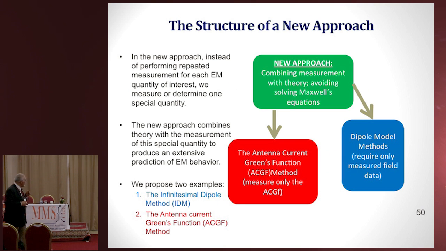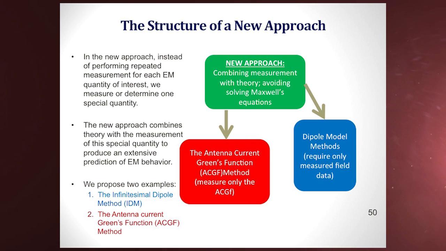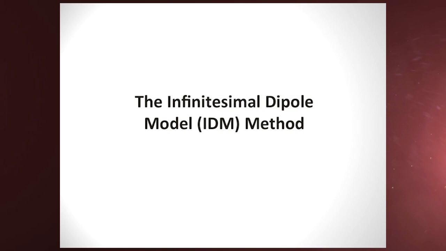So let us look at the first approach, which is the dipole model. What's the dipole model? This is a bit of a simplified model. It helps us explain the theory, but it's not thorough enough.